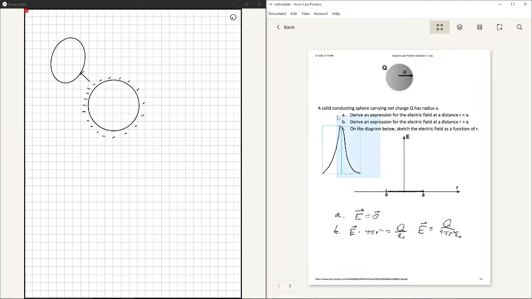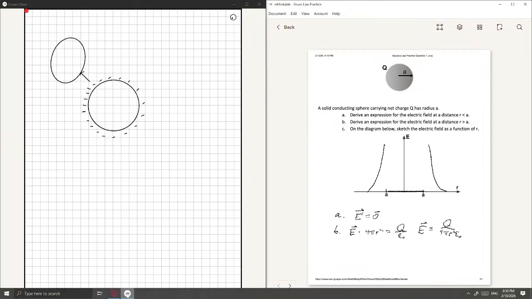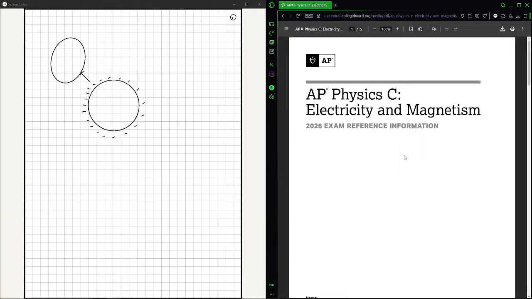So the reason... Wait, so when the R is smaller than A, then it's 0, no? Yes, I messed it up. The reason being is because all the charges are distributed on the outside. So if you drew a Gaussian sphere inside of this surface, it would have no enclosed charge, meaning that the flux is 0. That's a way to think of it.